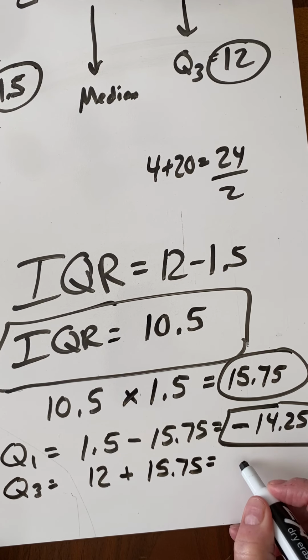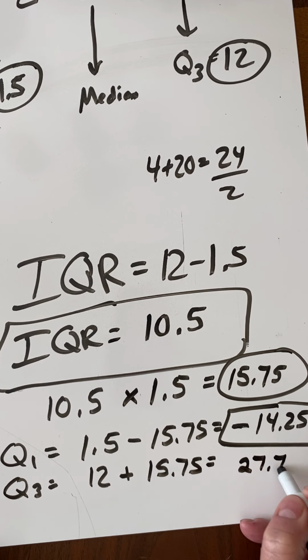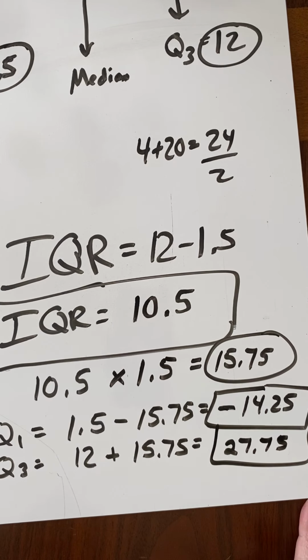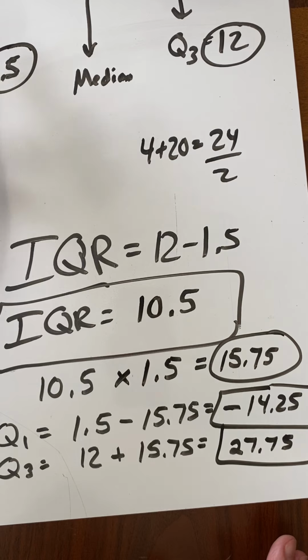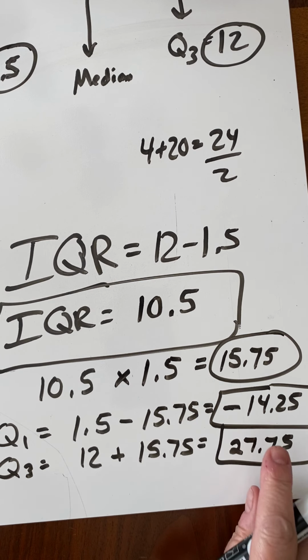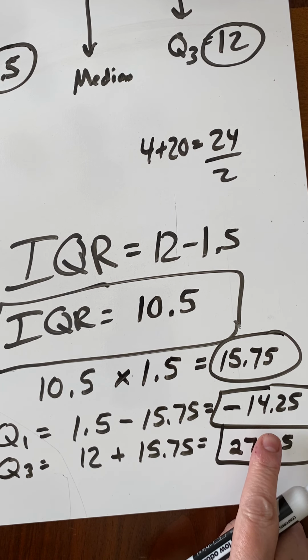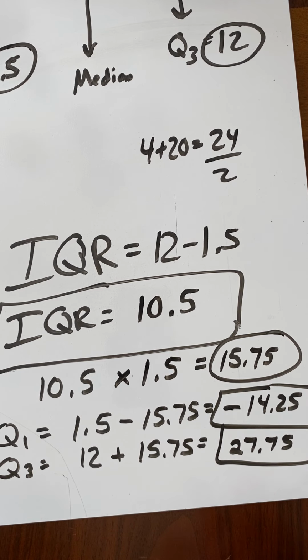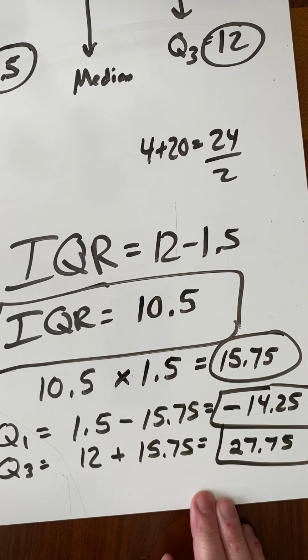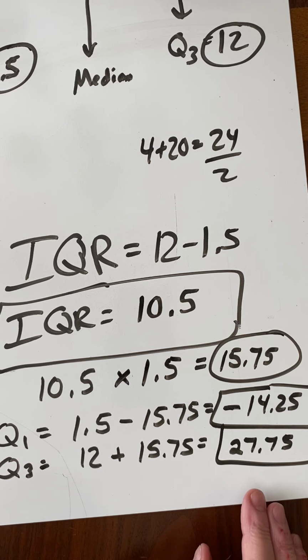So I'm going to add that together, and I end up getting 27.75. Then what I do is I compare my smallest number and my largest number to these ranges right here. And in this case, the 1 is greater than the negative 14.25, so that's good. And then my largest number is at 20, and that is less than the 27.75.